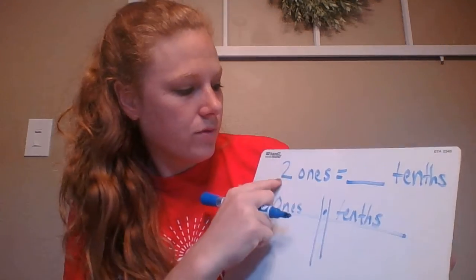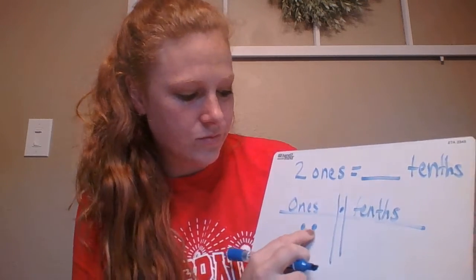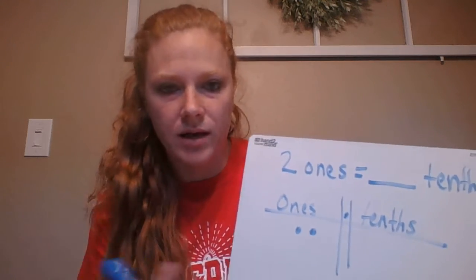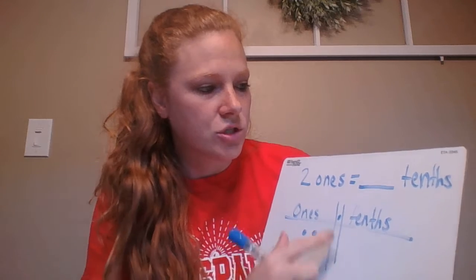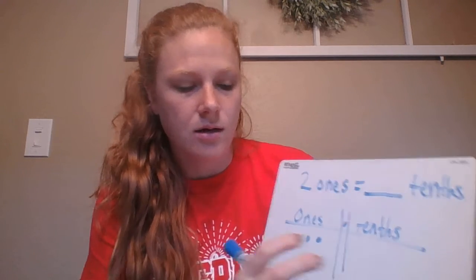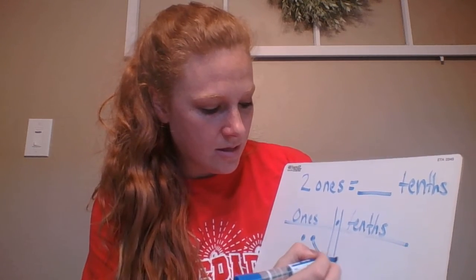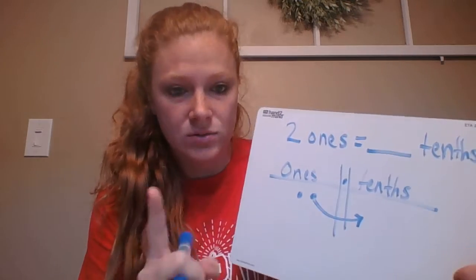Alright, so it shows that we have 2 ones. There's 1, there's 2. Normally in a place value chart, if we're multiplying, we move forward 10. But since we're showing how many tenths we would need to be equal to 1, it's 10. So every 10 tenths is 1 whole.